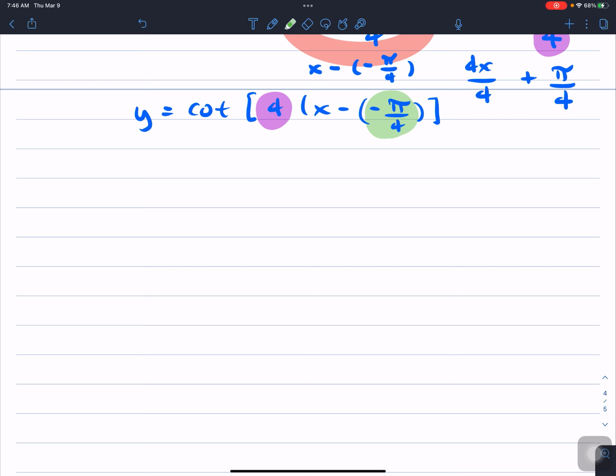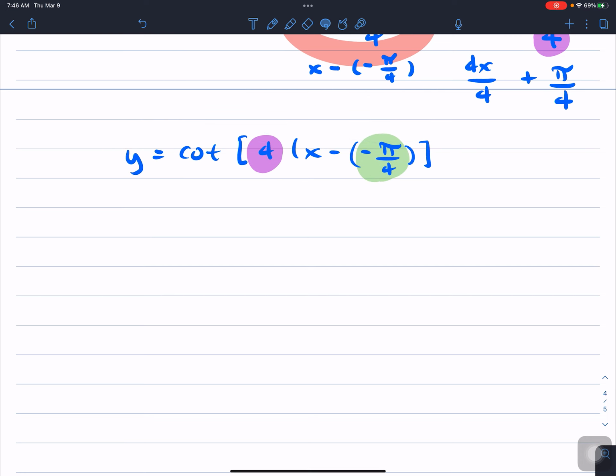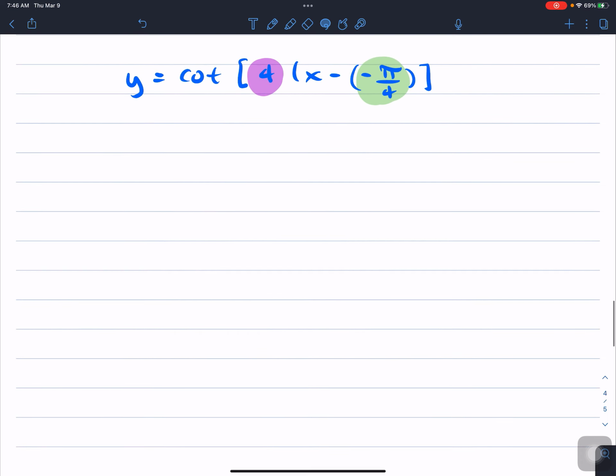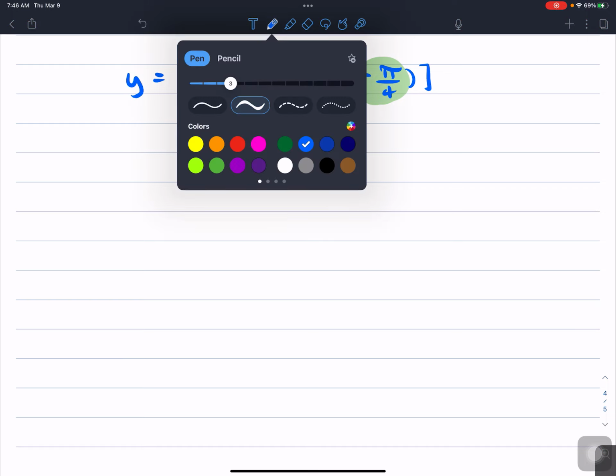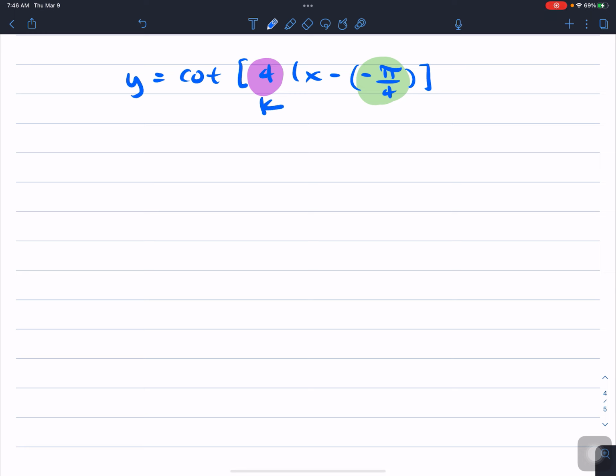Okay. All right, ladies and gentlemen. Now, what do you guys think we do? We're going to have to identify everything. This is K. Here's my phase shift.